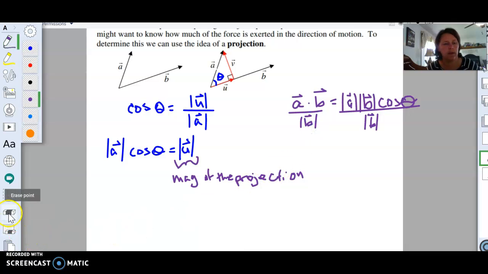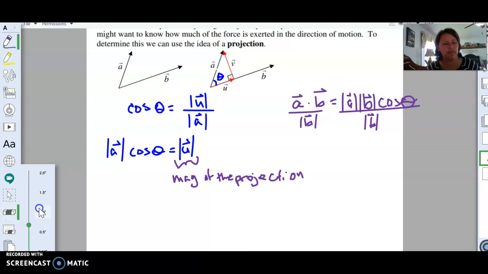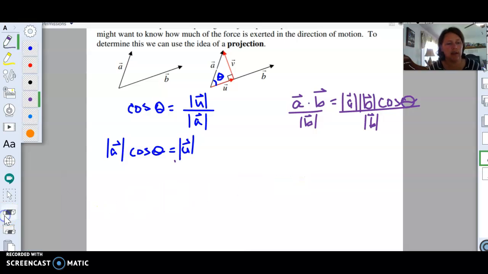Okay, so now let's look at a simplified version of that. So we have the dot product of vector A and vector B over the magnitude of vector B is equal to the magnitude of vector A times cosine theta.